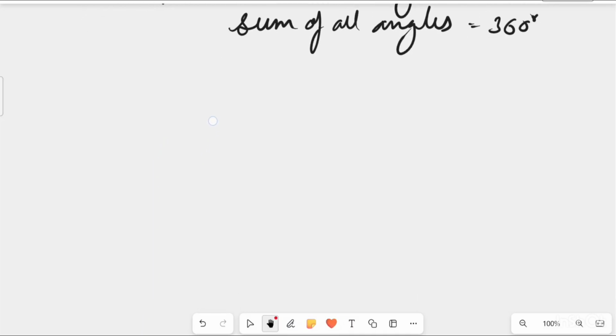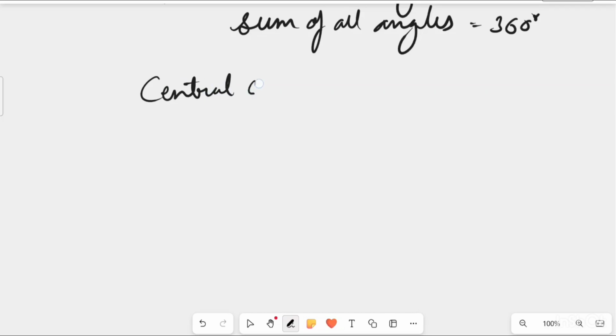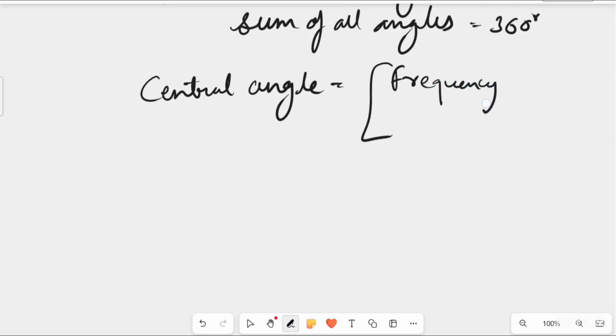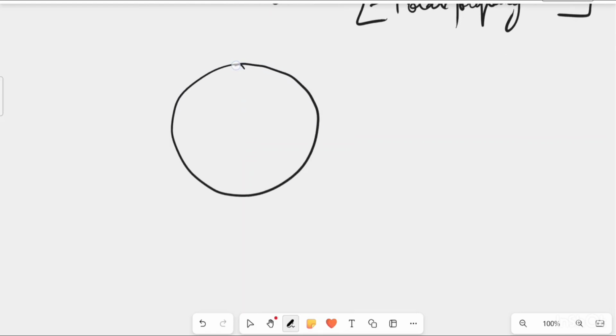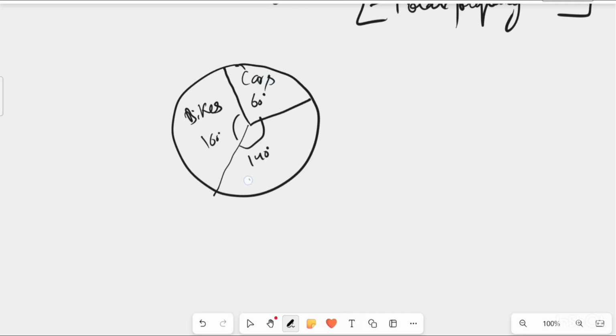So to find the central angle, we have frequency by total frequency into 360, and this is our pie diagram. This is an example of pie diagrams.